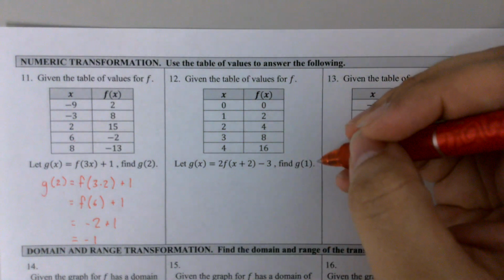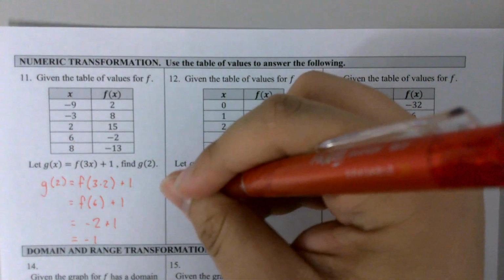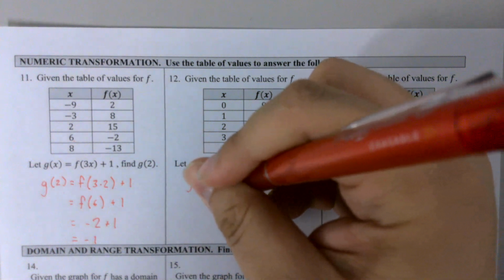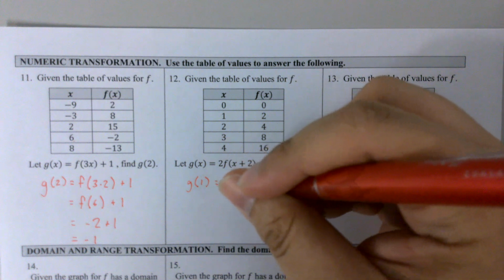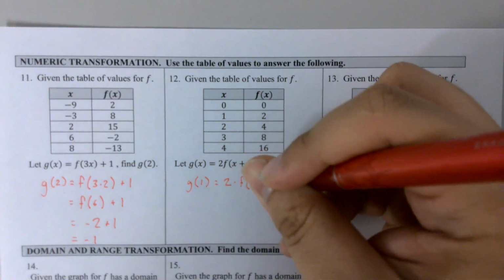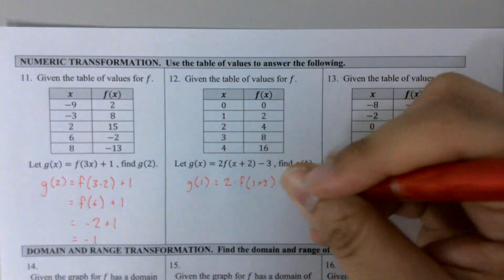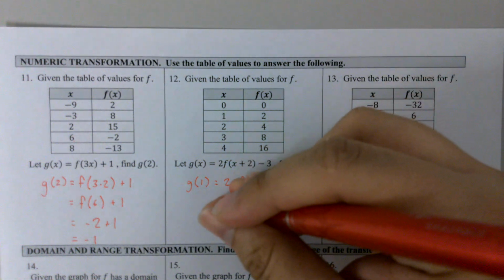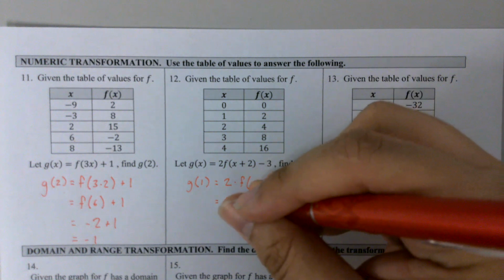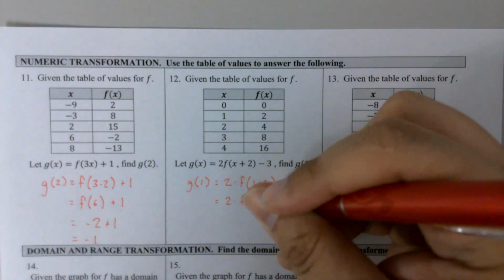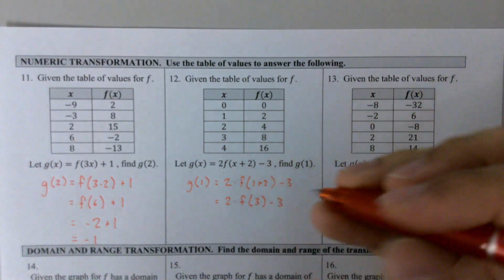Next, we want to find g of 1. So g of 1 is equal to 2 times f of 1 plus 2 minus 3. Similarly, we have to add 1 and 2 together. That gives us 2 times f of 3 minus 3.